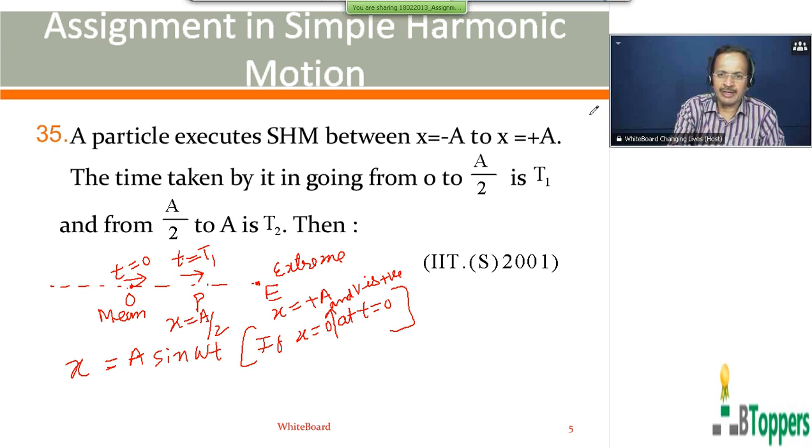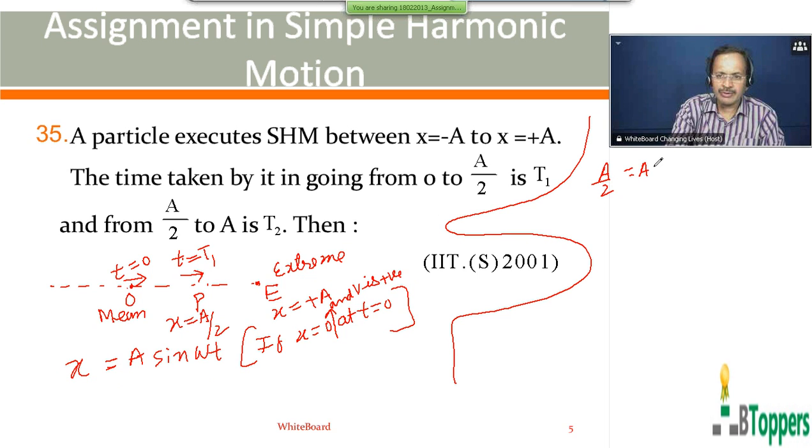Here at t equal to t1, x is a by 2. So we can substitute x equal to a by 2 on the left side, and t equal to t1 on the right side.